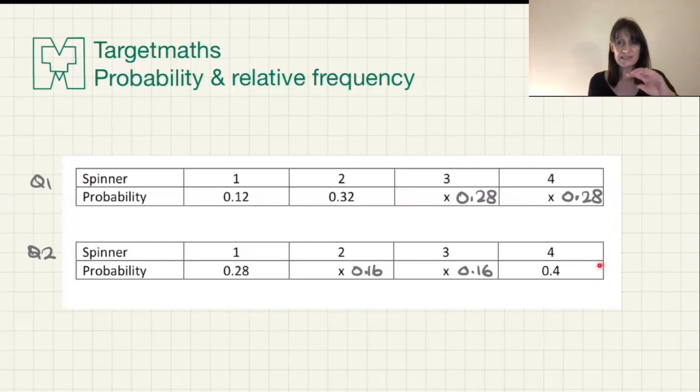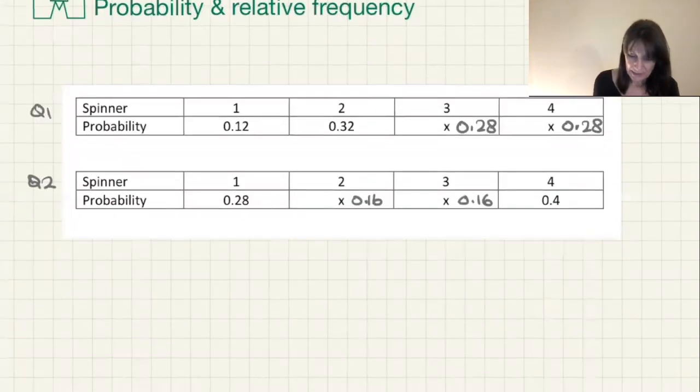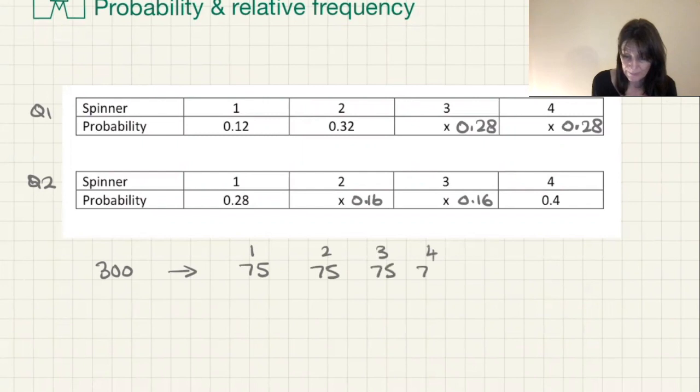So if I was to spin the spinner 300 times, they wouldn't all equally land on 75 each. Okay. So let me show you what I mean by that. So if I spun it 300 times and they all had an equal chance, 1 would come out 75 times, 2 would come out 75 times, 3 and 4.